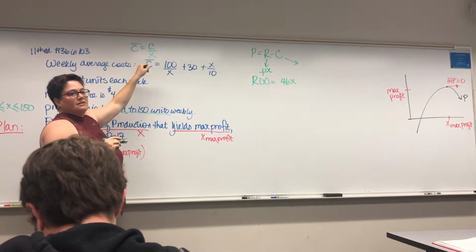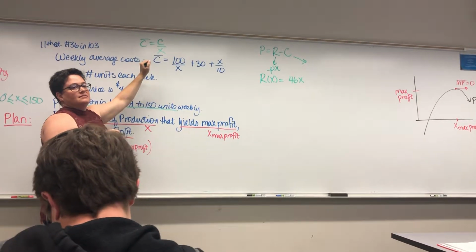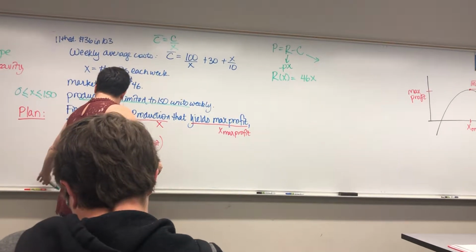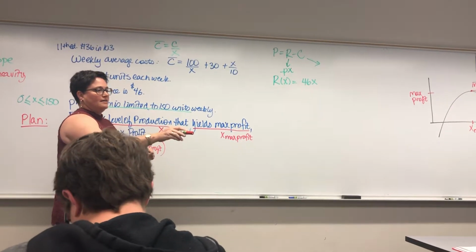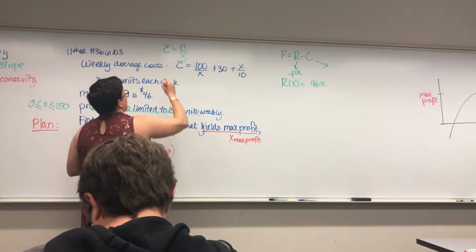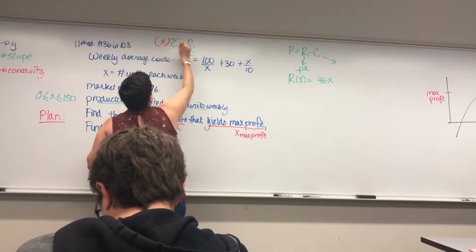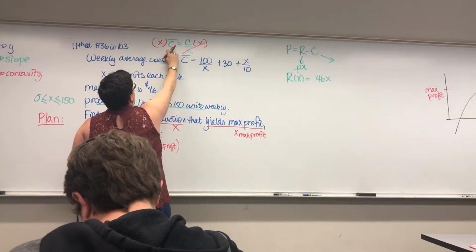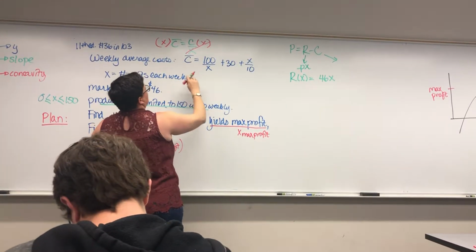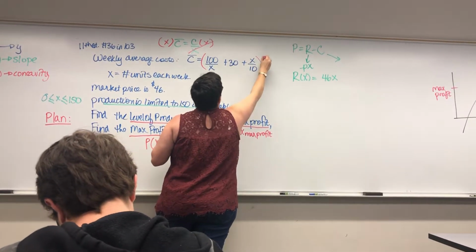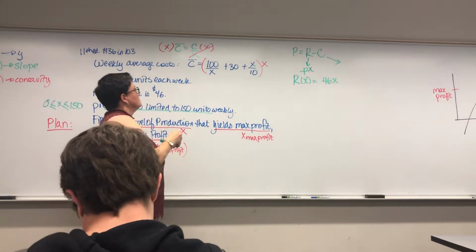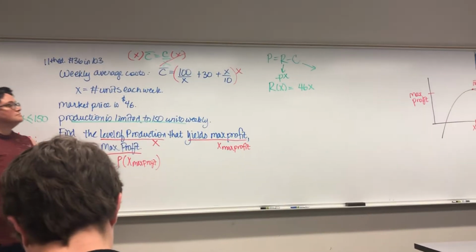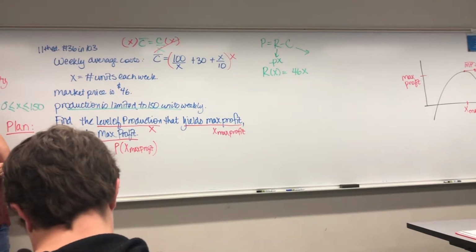Get rid of the X, by doing what to both sides? Denominator. We multiply by x on both sides. Giving you the average cost times x gives you total cost. So we're gonna multiply this by x, guys. You guys with me?